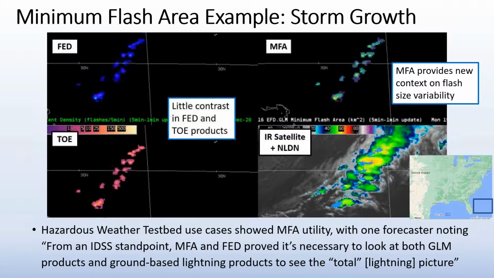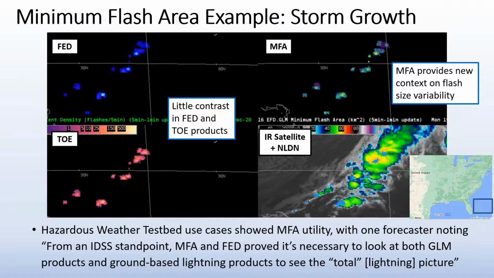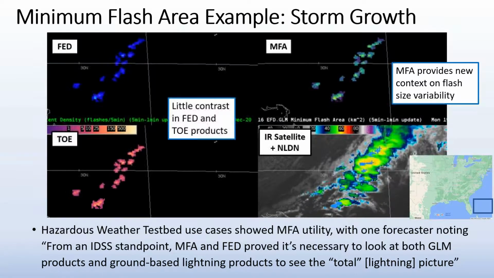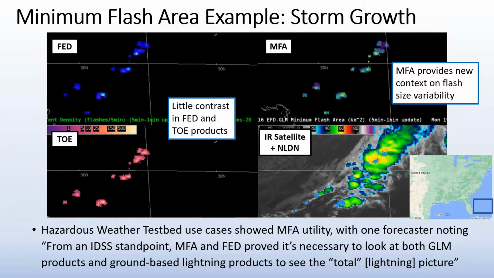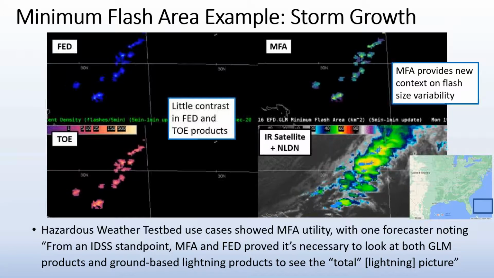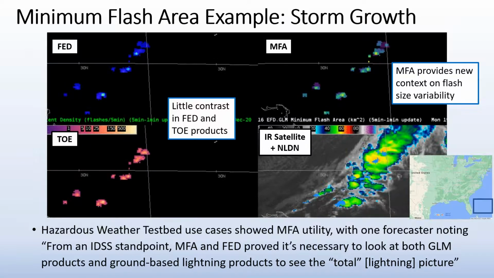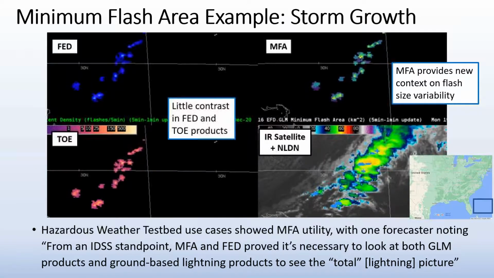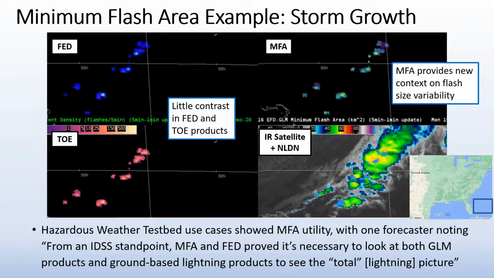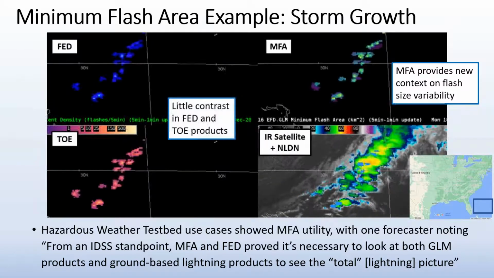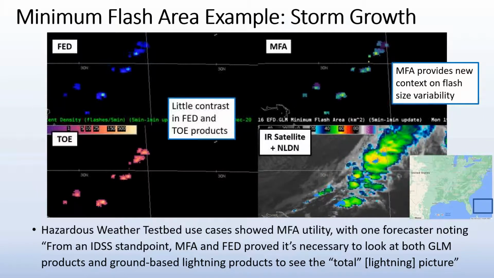So one forecaster said from an IDSS standpoint, MFA and FED proved it's necessary to look at both the GLM gridded products and ground-based lightning networks to see the total lightning picture. So really you have to use them all in concert with each other. And those forecasters from the hazardous weather testbed experiments ranked minimum flash area second to only FED in terms of how valuable the different lightning products were from a whole suite of lightning products to use.